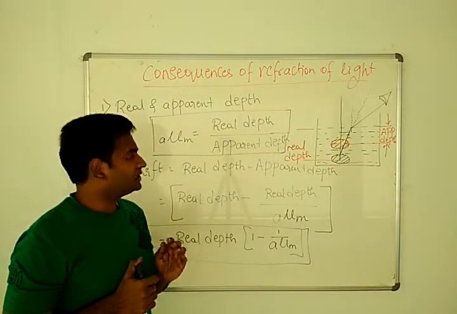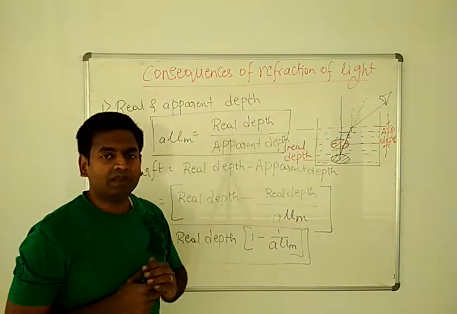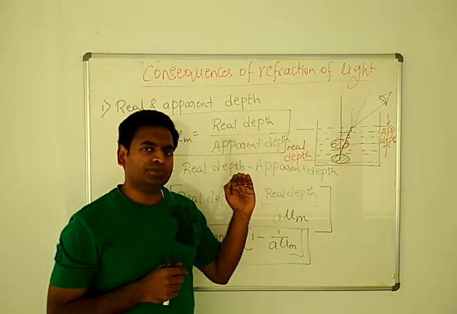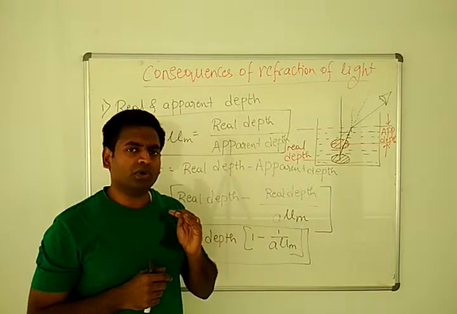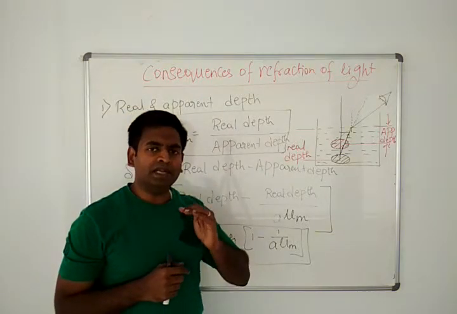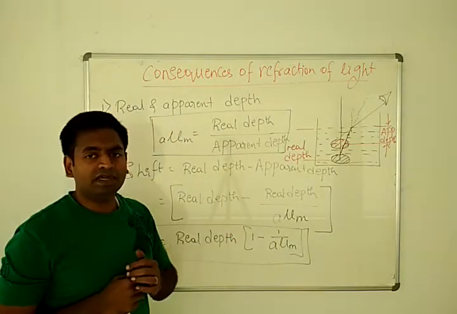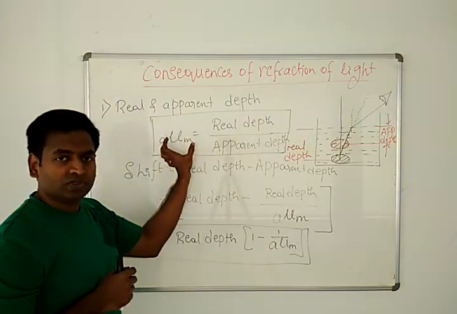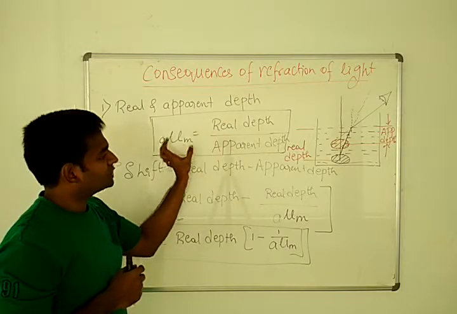So what is the relationship between the apparent depth and the real depth? The reason why there are two depths, real depth and apparent depth, is majorly because of the bending. So obviously those two have to be related to the bending, or the index of refraction, or refractive index. The major reason why these two happen is because of the refractive index, so they must be related to the refractive index. What is the relationship?